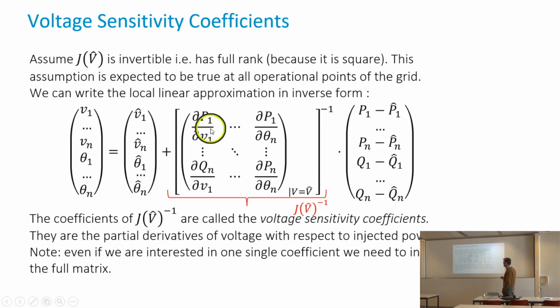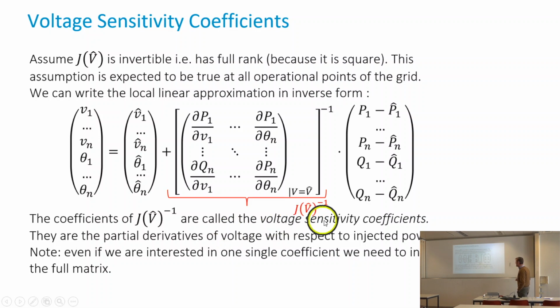The first coefficient is not dp1 divided over dv1 inverse, right? As you may remember from analysis 103, the inverse of a partial derivative is not the derivative. I mean, dv1 over dp1 is not dp1 over dv1. It's the full matrix that you need to invert, right? So to find one coefficient, you need all the coefficients here.